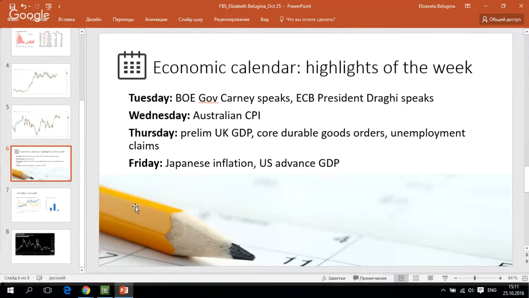As for the US, we will have a look at new home sales on Wednesday, durable goods orders on Thursday, and the highlight of the week will be the US advanced GDP for the third quarter, which is due on Friday. The report will play the key role in the market's attempts to predict how the Fed acts in December.